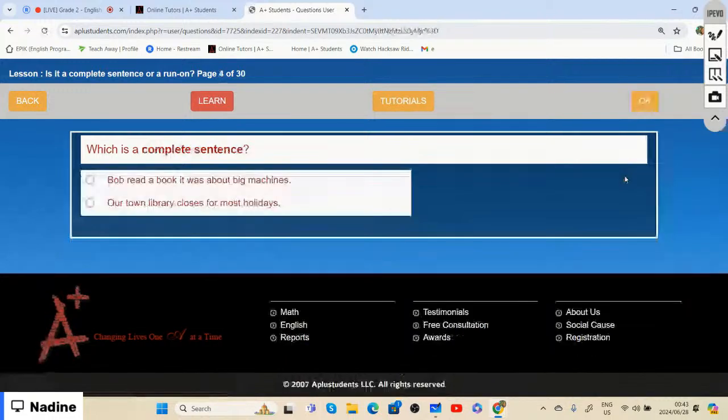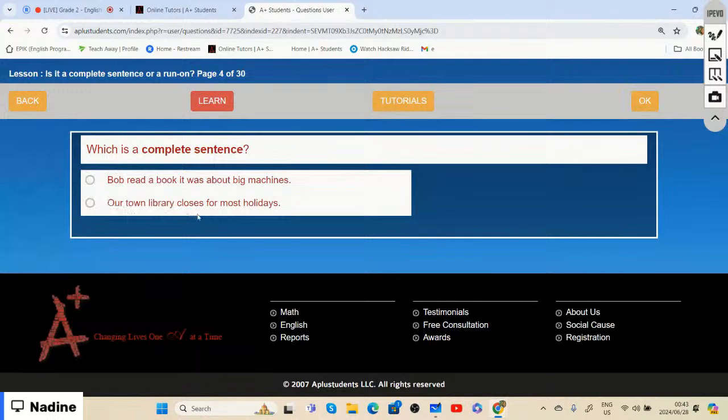We need to show a complete sentence. Remember, a complete sentence has a subject and a verb, because it shows a complete thought. It says, Bob read a book, it was about big machines.